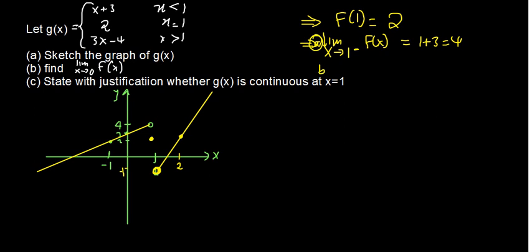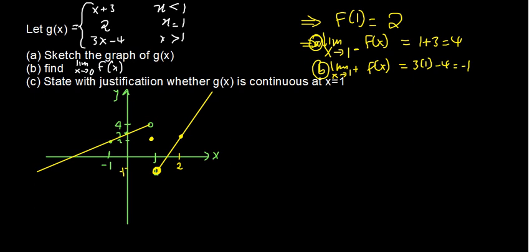And then the next one, we need to determine the limit as x approaches 1 from the positive side of f of x. In this case, what we're looking for is the function that has values of x greater than 1, which is this one. So that is going to become 3 multiplied by 1 minus 4, and that is a negative 1.